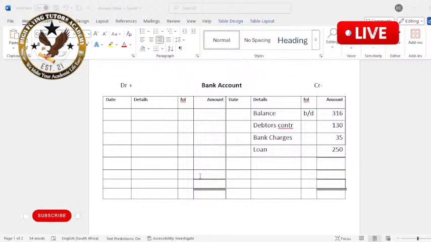So this credit interest is just interest received or interest income. So it means we are receiving money. So these interests are shown in the bank statement. So if they are shown in the bank statement, it means they are not shown or recorded in the bank account. So we just need to go to our answer sheet.